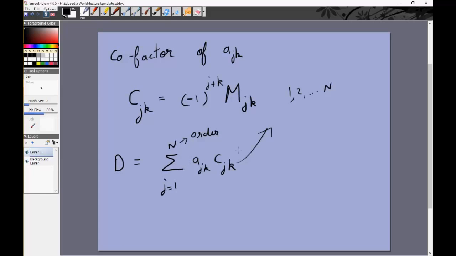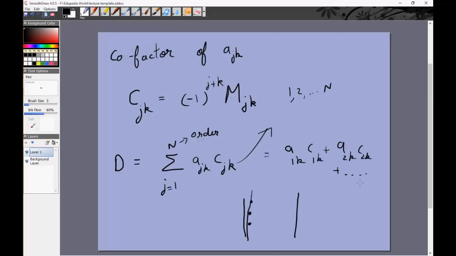So Ajk Cjk basically means A1k C1k plus A2k C2k plus so on. Now let's say you're taking k equal to 1. Then this would be A11 C11, A21 C21, A31 C31, third row and first column. So if k is equal to 1, this corresponds to an expansion about the first column. If k is equal to 4, this corresponds to an expansion about the fourth column.